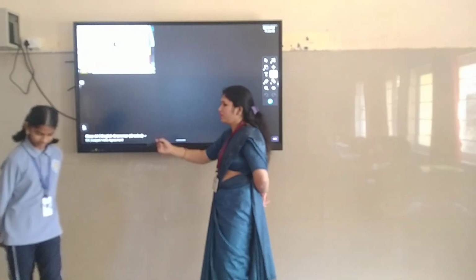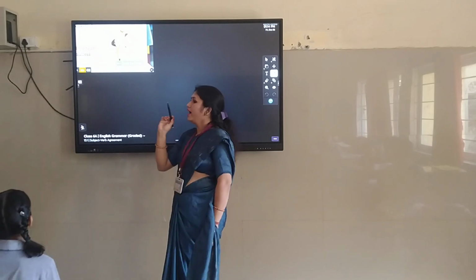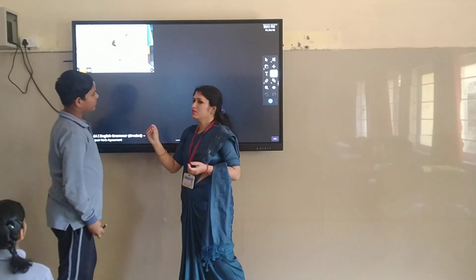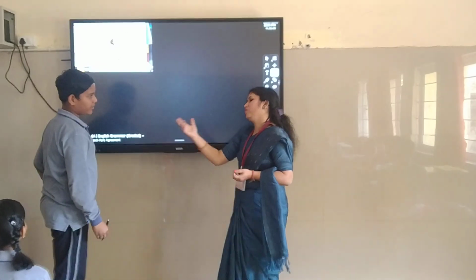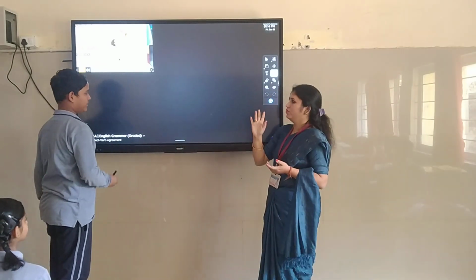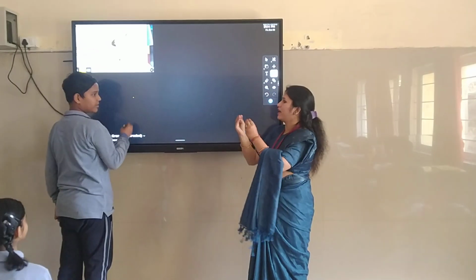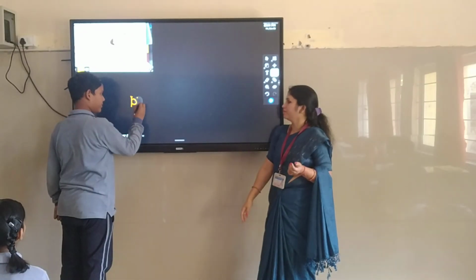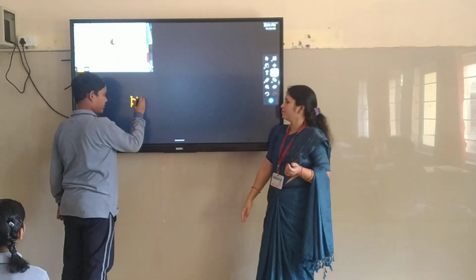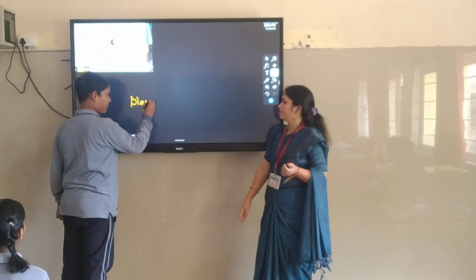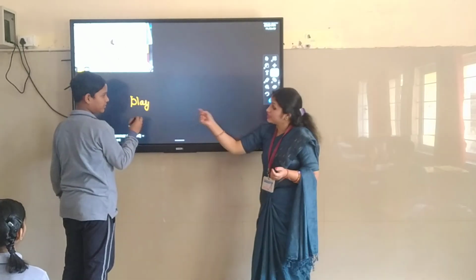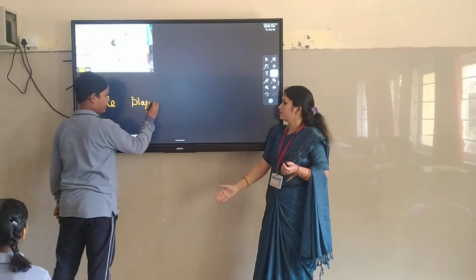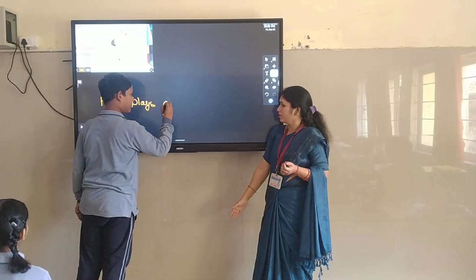Next, Pallavi, write an example of an action or main verb, like any action or physical activity. I asked for a sentence. Add something. Right? Yes. Very good.